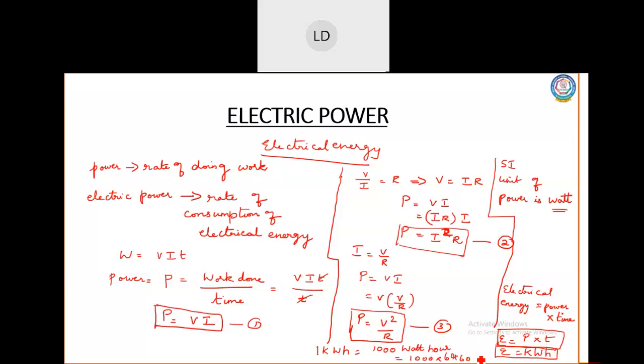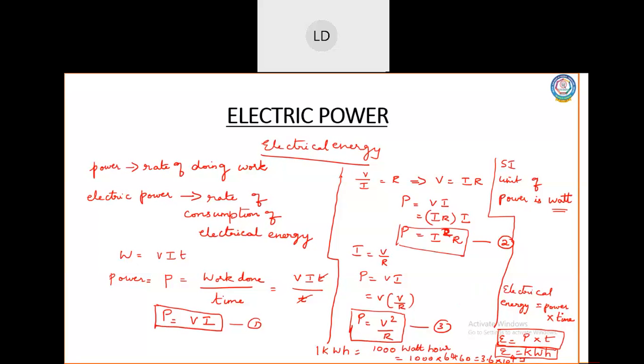So the value of 1 kilowatt hour is 3.6 into 10 power 6 joules. Okay, so the electrical energy and the commercial unit of electrical energy is kilowatt hour.